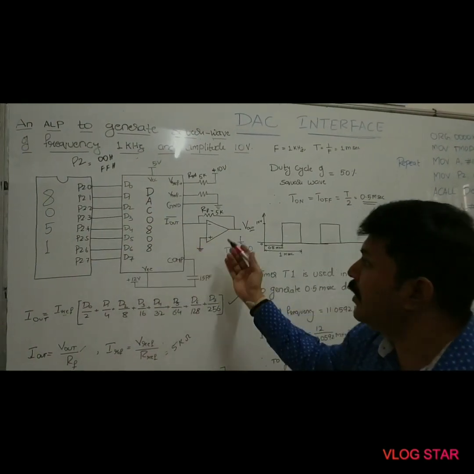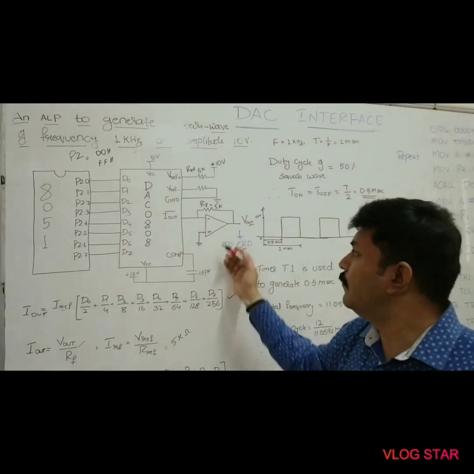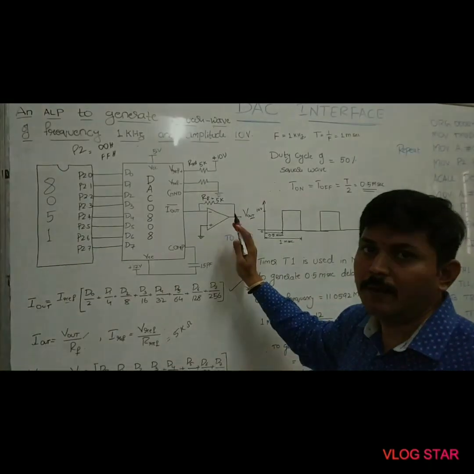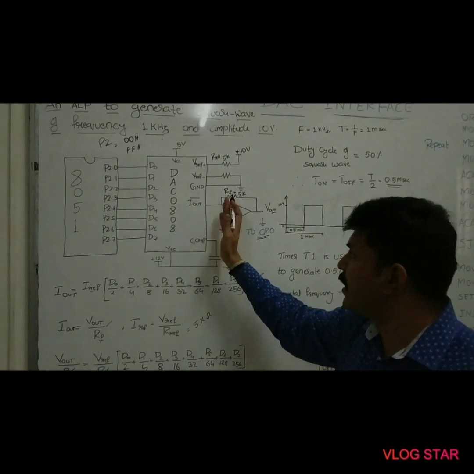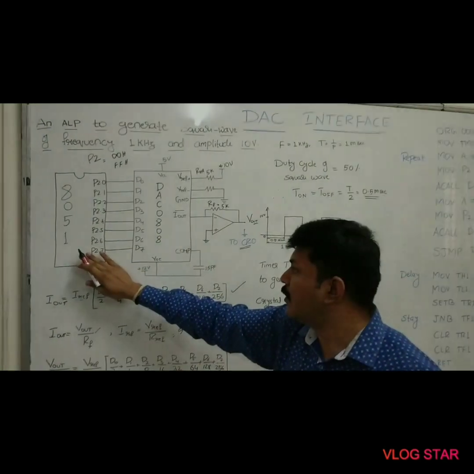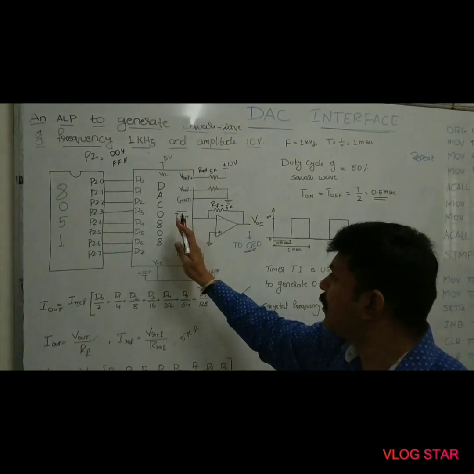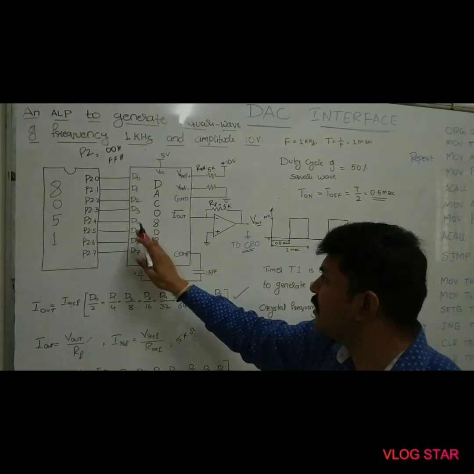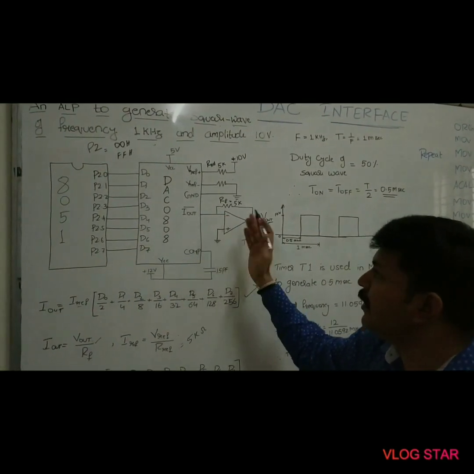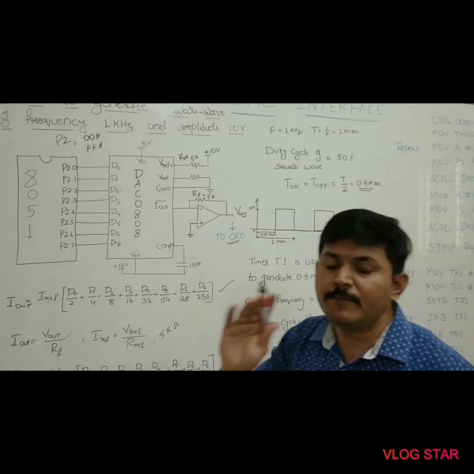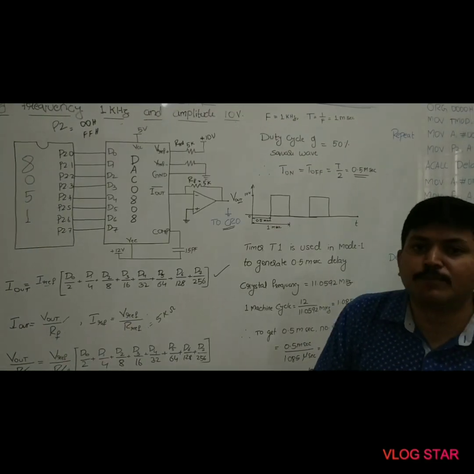It will convert it into an analog voltage with the help of this circuit. This is the concept of how an 8051 microcontroller gives the digital data and it gets converted into an analog output. You should understand this point here.